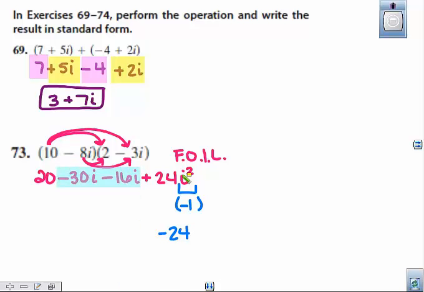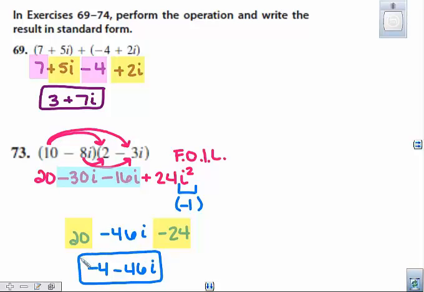We can combine to negative 46i, and in front we have our 20, our real part. Okay, so now we can look at this and we have 2 real parts to combine. That is a negative 4 minus 46i, and that is in standard form.